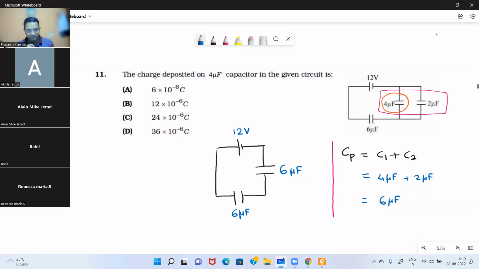In a series circuit with resistors, you know that current remains same, right? So here it is charge. Yes, charge remains same in a series circuit and the potential difference across the capacitors is going to be different. So we know that V1 plus V2 will be 12 volts.